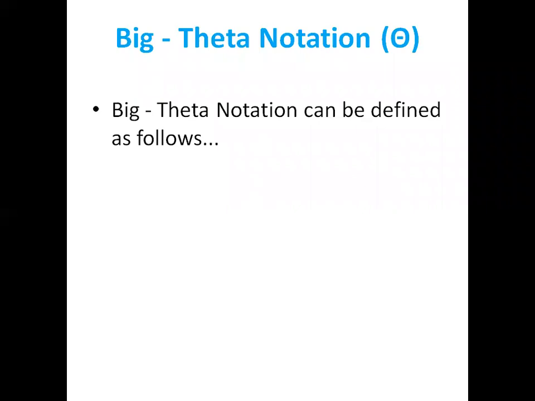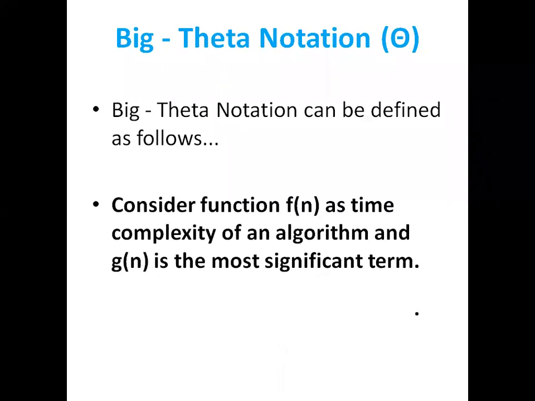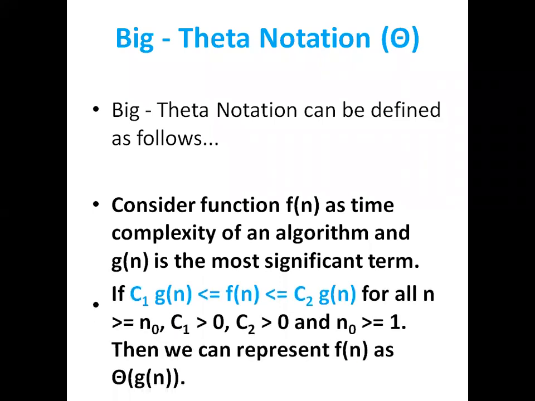It can be defined as follows. Consider there are two functions, f of n as the time complexity of an algorithm and g of n as the most significant term. In big OH and big omega there was a single constant.